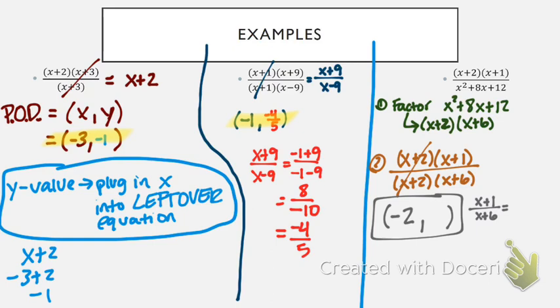So let's plug in negative 2. And we get negative 1 over 4. So the x value was negative 2, the y value negative 1 over 4. So my point of discontinuity is negative 2, comma, negative 1 over 4. So that is the vocab word point of discontinuity.